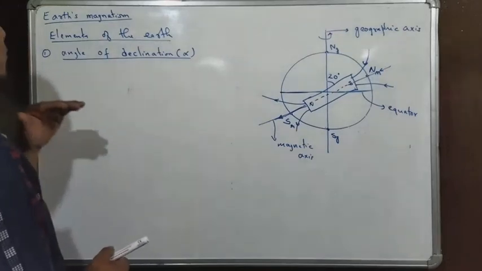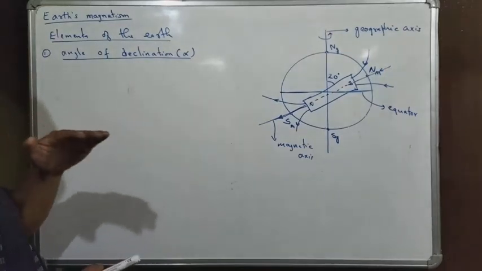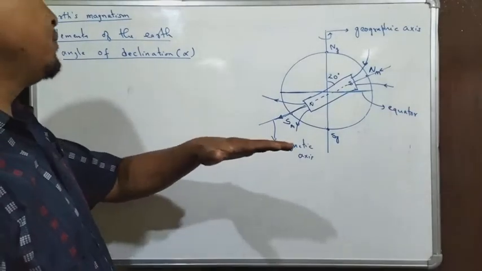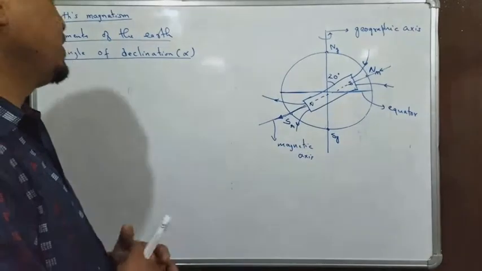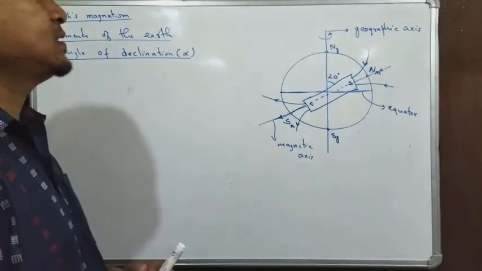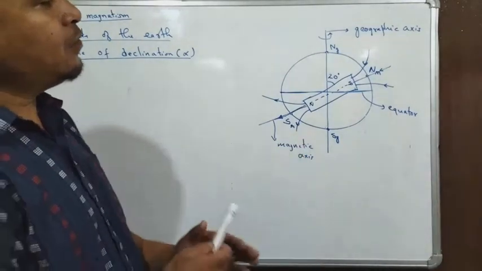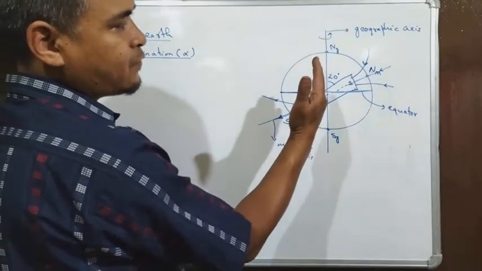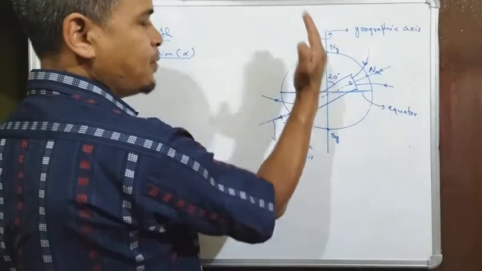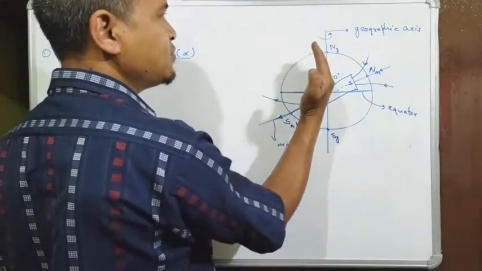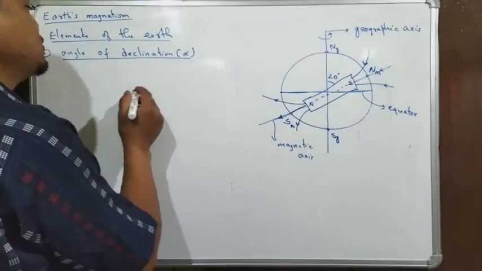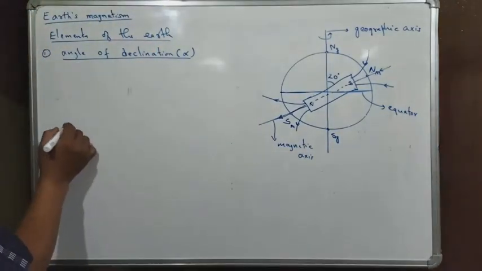Before we define the angle of declination, let me give you a brief idea about the planes which pass through these axes. Look at this geographic axis. If I draw a plane perpendicularly passing through this geographic axis, that plane is known as the geographic meridian.